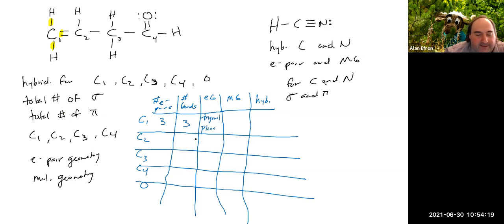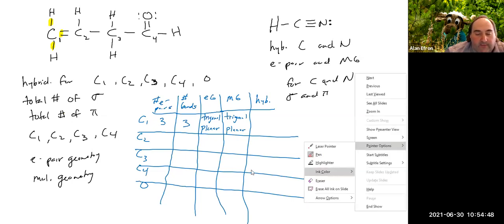Also with 3 electron pairs and 3 bonds, it's going to have the same name for our molecular geometry. Again, there are no dots, so all bonding electrons means electron pair geometry and molecular geometry will be the same in this particular case. Again, a double bond and a triple bond count as only 1 electron pair and 1 bond.